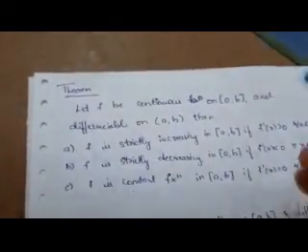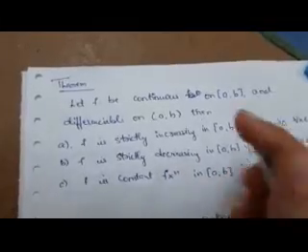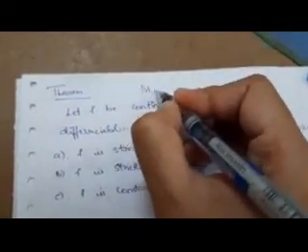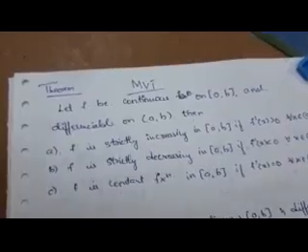To prove this theorem, we are taking the help of the mean value theorem, which we studied in the previous chapter on continuity and differentiability. What does the mean value theorem state?